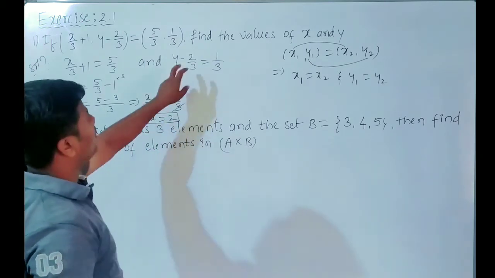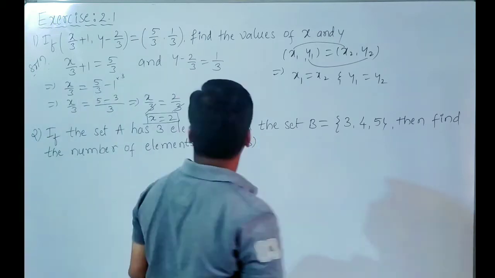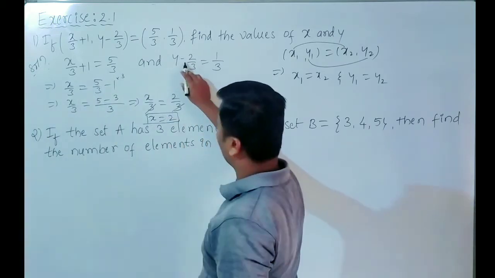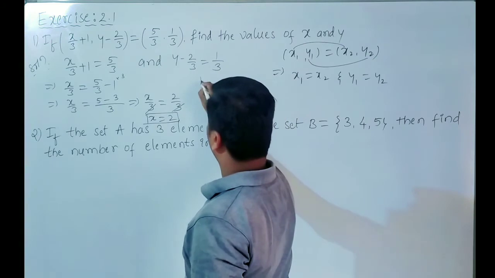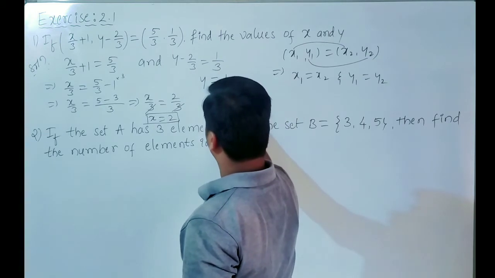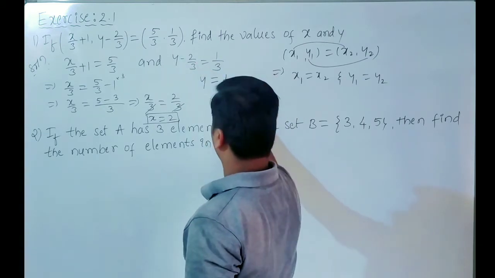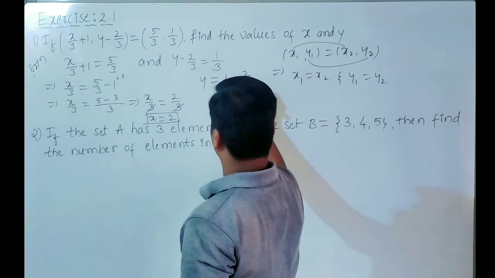Okay. Then the y value. Transfer the minus 2 by 3 to this side. This becomes y equals 1 by 3 plus 2 by 3.